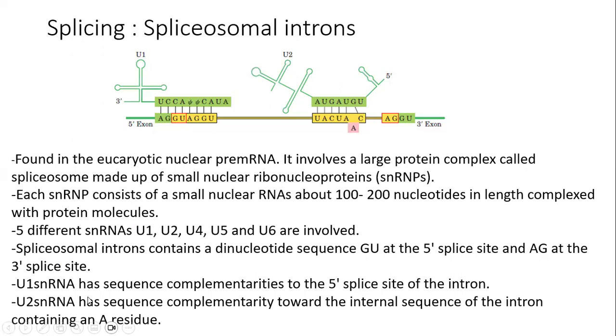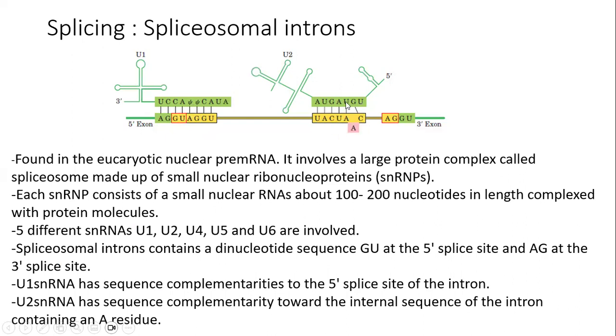U1 snRNA has a sequence that is complementary to the 5' splice site, while U2 snRNA or snRNP has a sequence complementary to an internal sequence that is present within the intron.